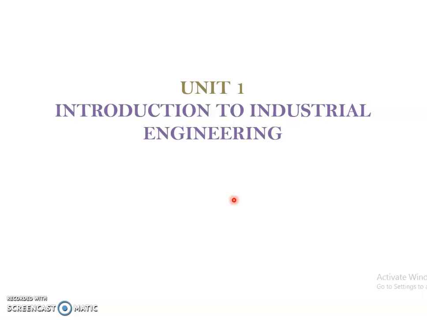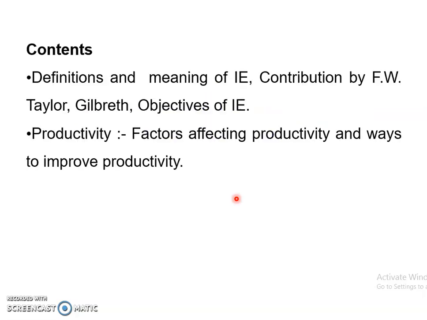Introduction to Industrial Engineering. In this topic, we will have a brief introduction about industrial engineering. These are the contents of unit 1: definitions and meanings of IE, contribution by F.W. Taylor, Gilbreth, objectives of IE, and then productivity, its concept, its definition, factors affecting productivity and various ways to improve productivity.